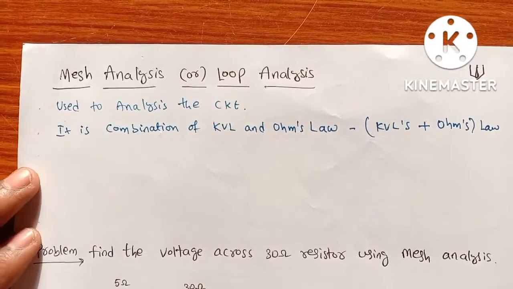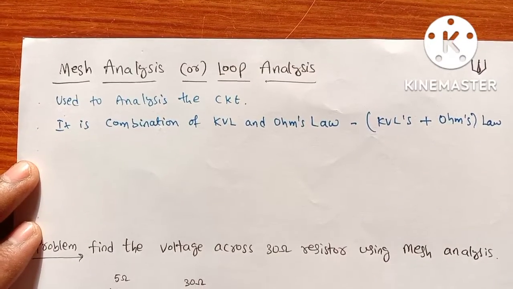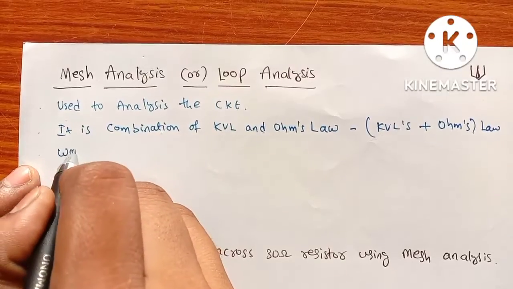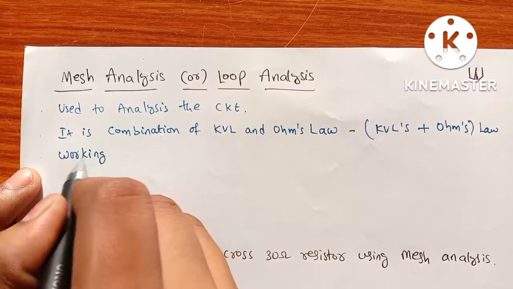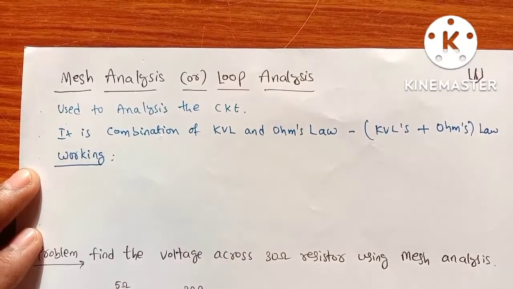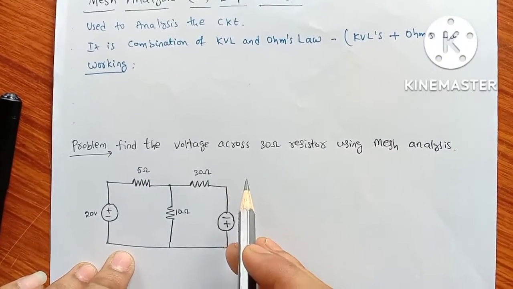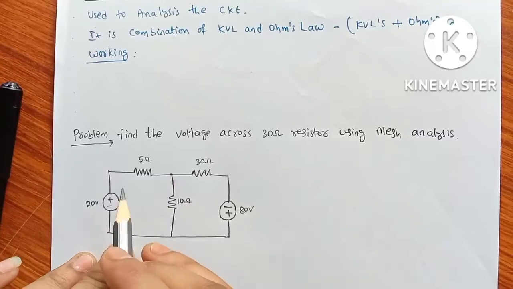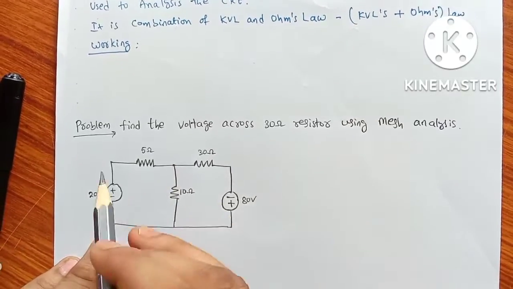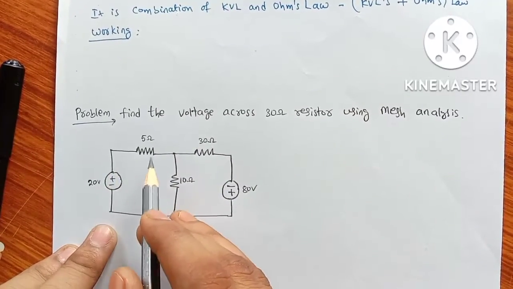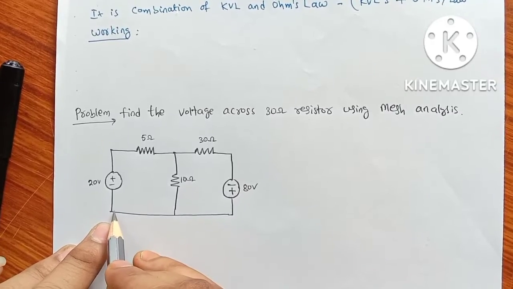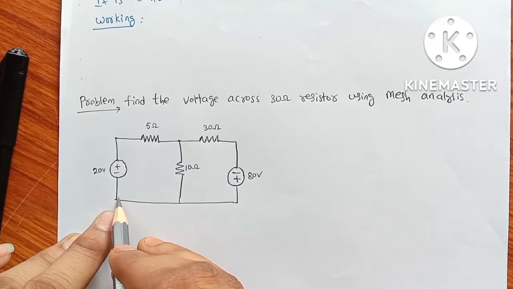Then what is the working of mesh analysis? How to apply this mesh analysis on the given circuit? Let us say first you must identify the closed loops in the given circuit.